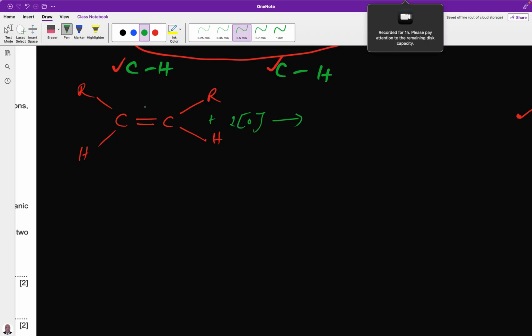Under this harsh condition, the double bond breaks, and this will be the molecule that will be formed.